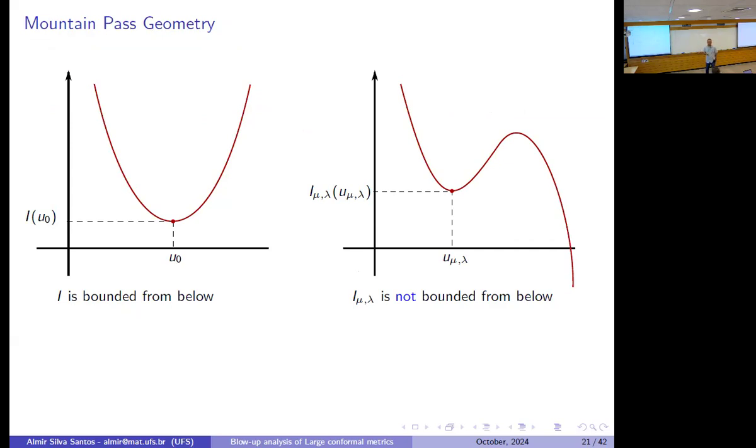But for small perturbation, the function is not bounded from below, but it has a local minimizer at this point, u, mi, and lambda. So you can choose a function whose energy is less than the energy of the minimum point. And this gives us the geometry of the mountain pass.